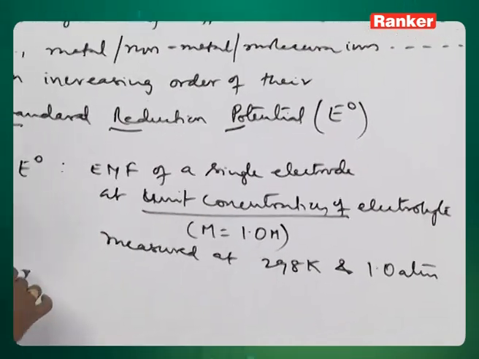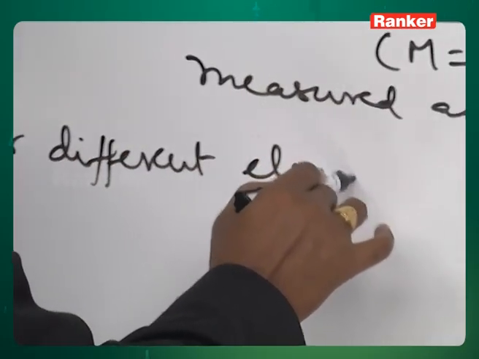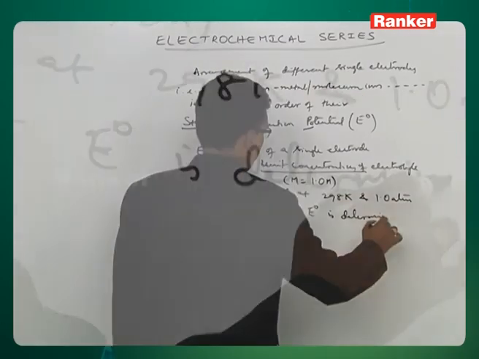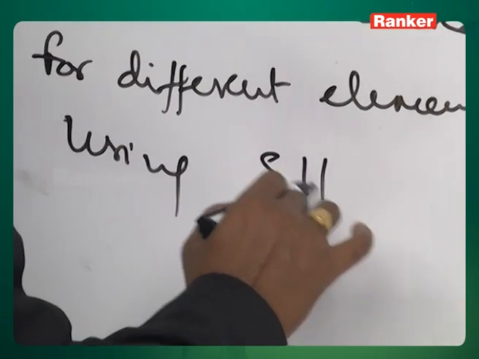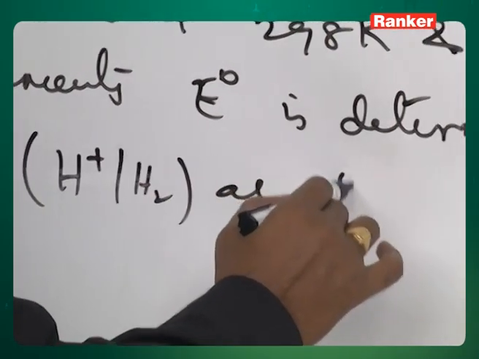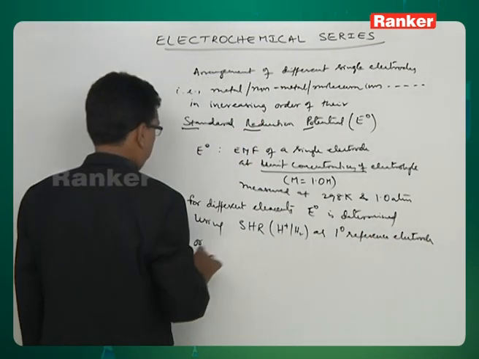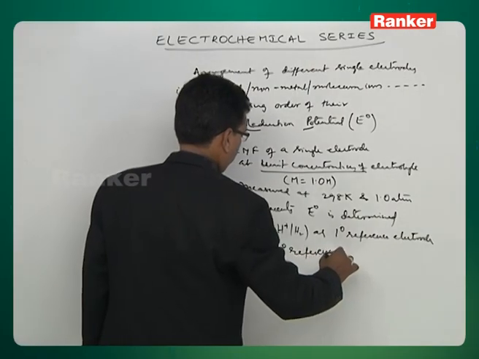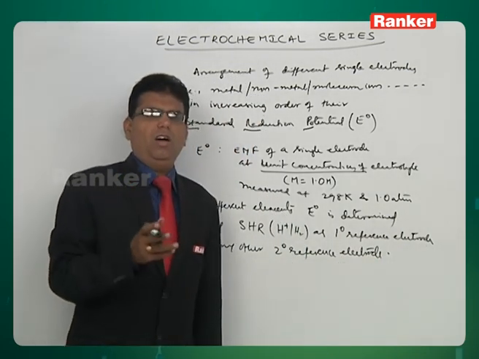Now, for different elements, E naught values are determined using the standard hydrogen electrode as the primary reference electrode, or any other secondary reference electrode, that is either using calomel electrode or quinhydrone electrode.